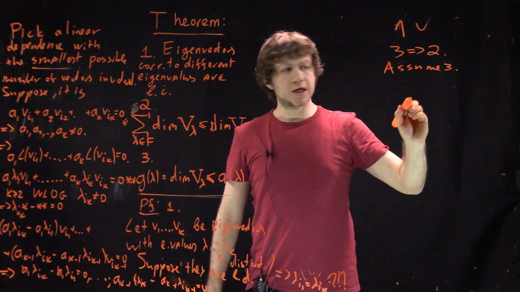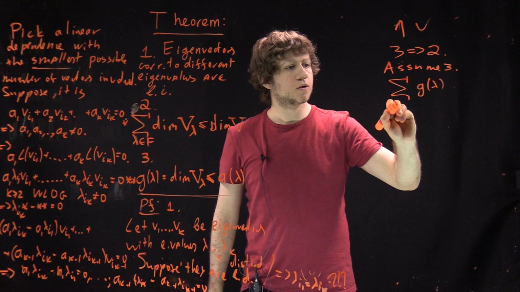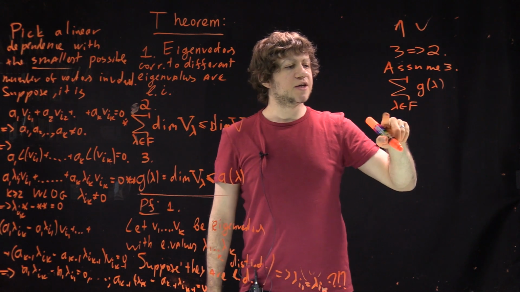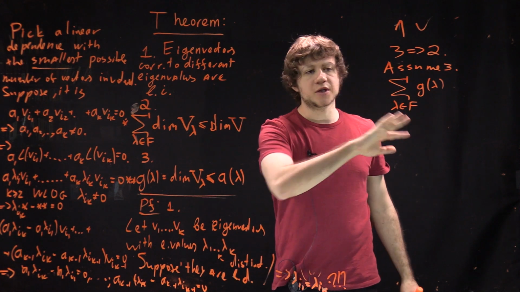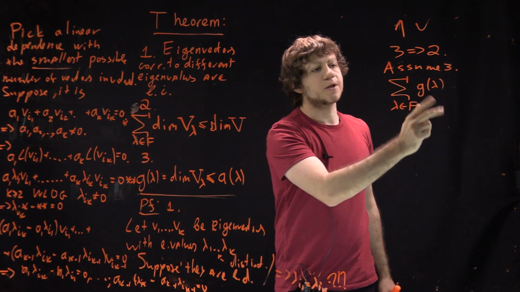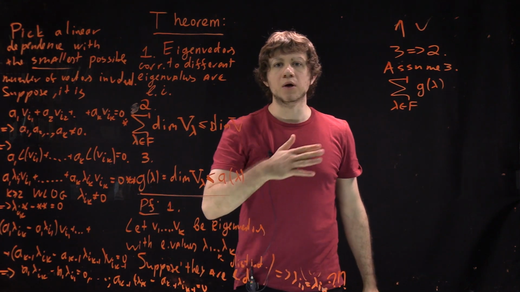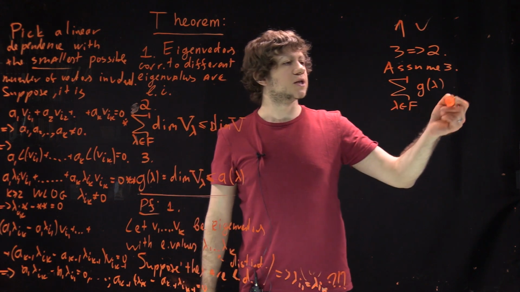then we know that the sum of all g of lambda over all possible eigenvalues. By the way, notice that summing over all numbers lambda is the same thing as summing over only eigenvalues, because by convention we put g of lambda equal to 0 for all other numbers which are not eigenvalues, so that's just convenient.